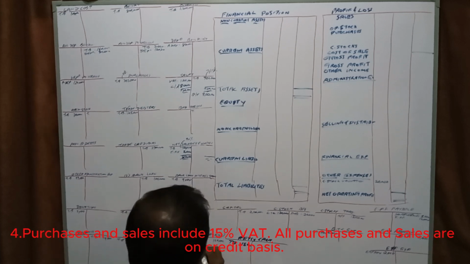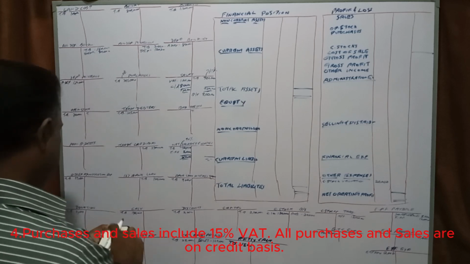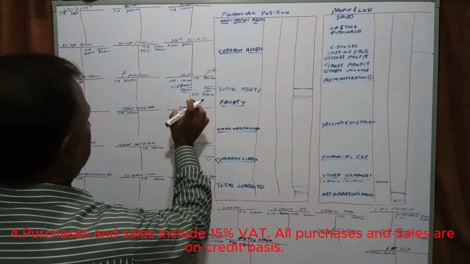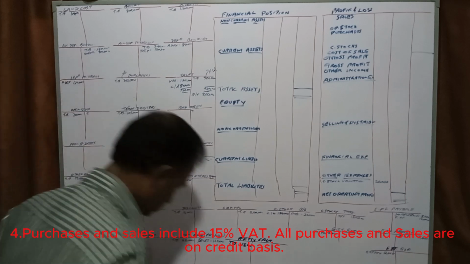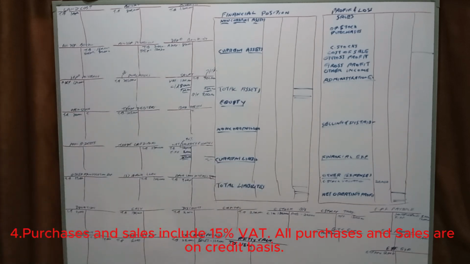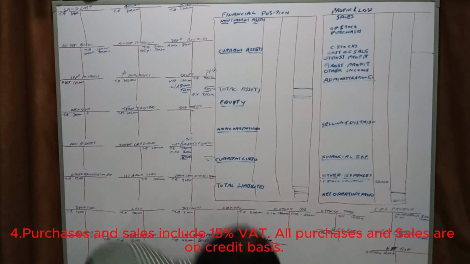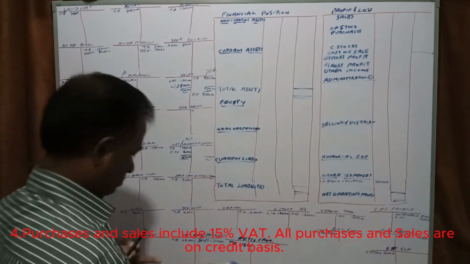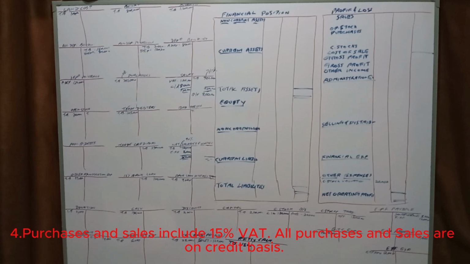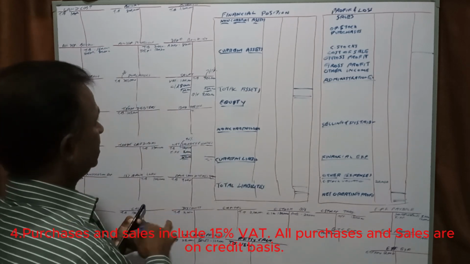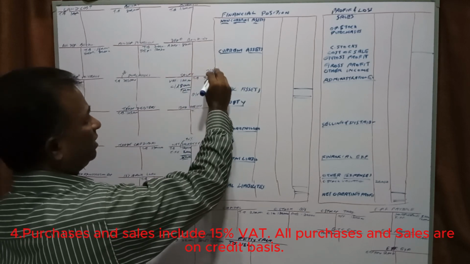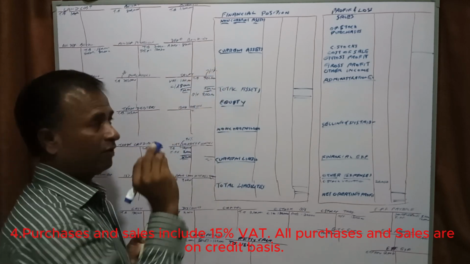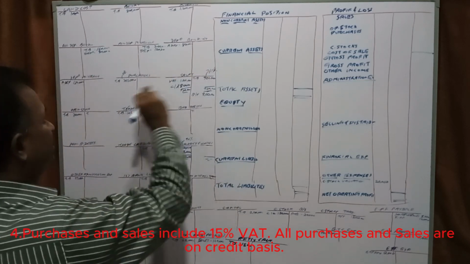You have to say sales 120,000, right? Because they say sales is gross. You know why? Because sales include the VAT portion, 115%, with the VAT portion of 15%. Sales and purchases.